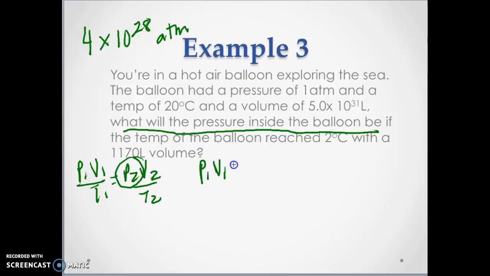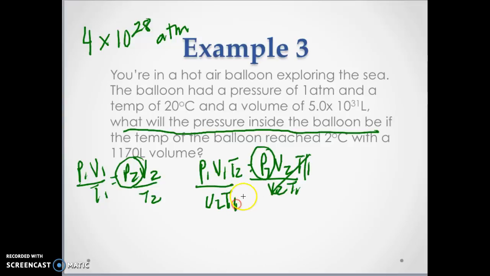So P1 V1 T2 equals P2 V2 T1, and we want P2, so whatever's next to it, you get rid of it, and you get this formula. Plug all your numbers in, and you should get this answer. Okay, and that concludes the podcast for this section.